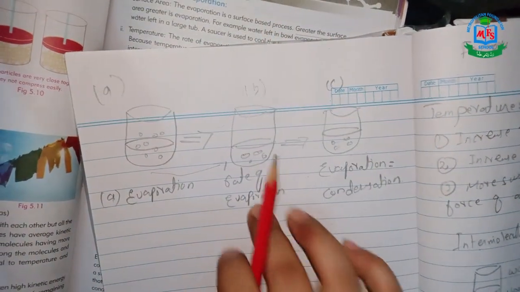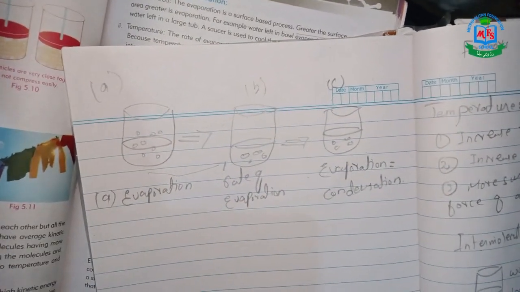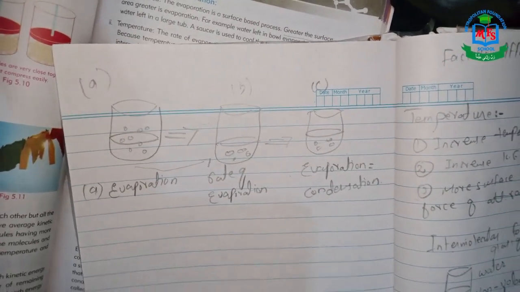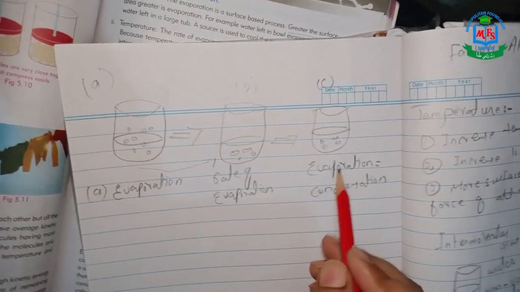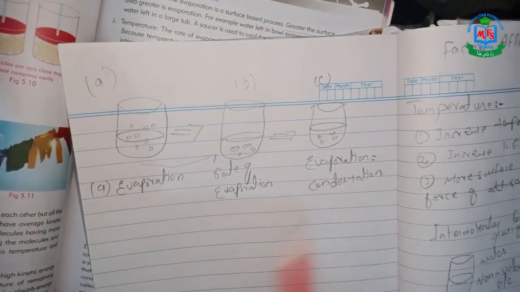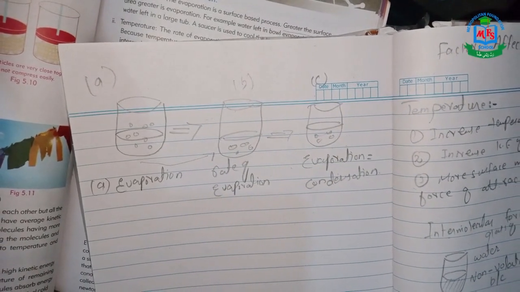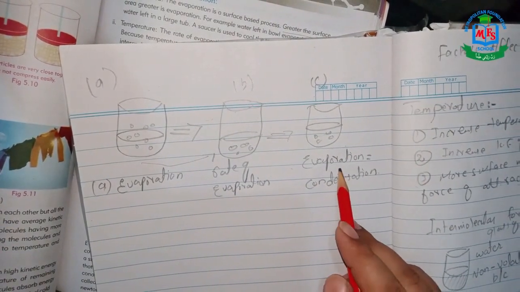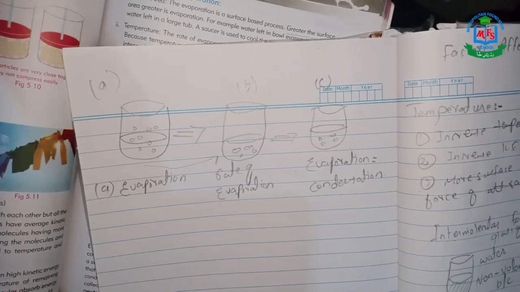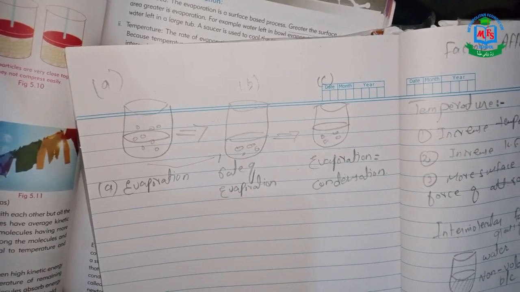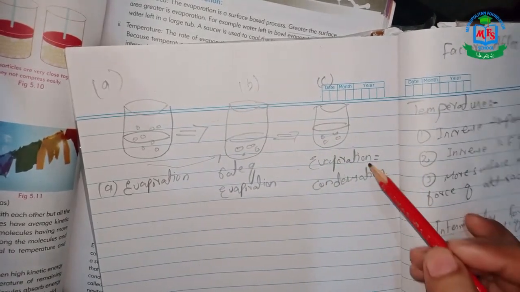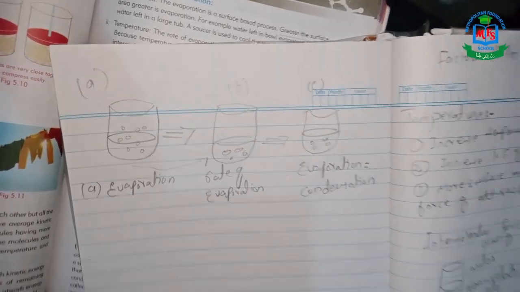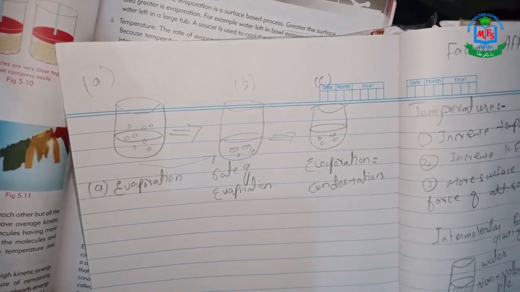Now the rate of evaporation becomes slow and condensation becomes fast. So ultimately the two rates become equal, evaporation equal to condensation, as shown in figure C. Now students, is that clear? That's it.